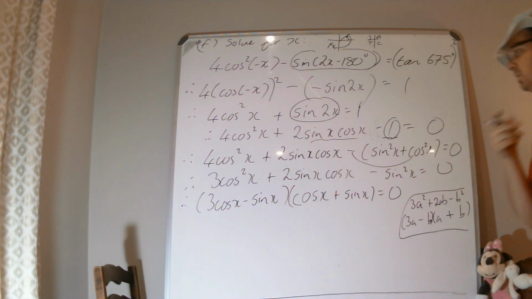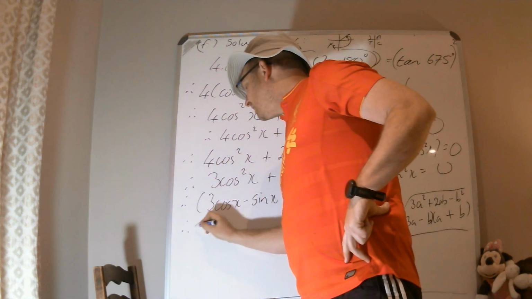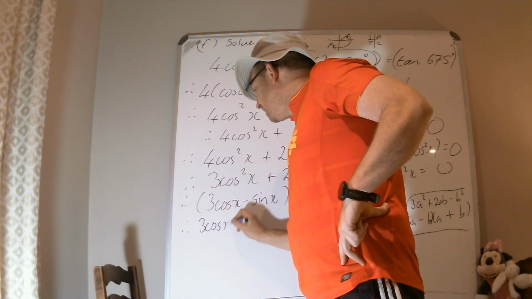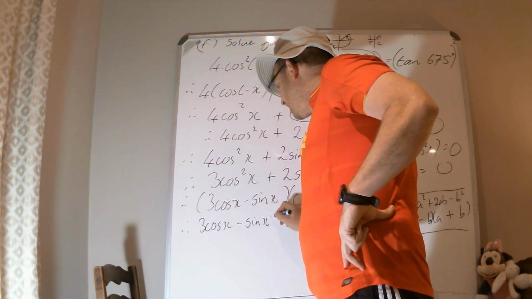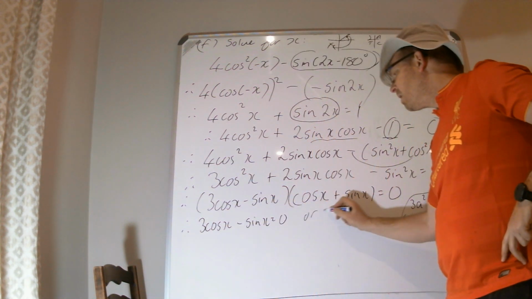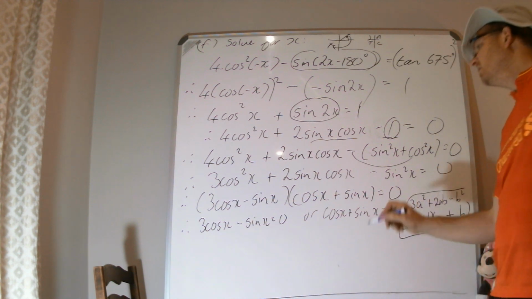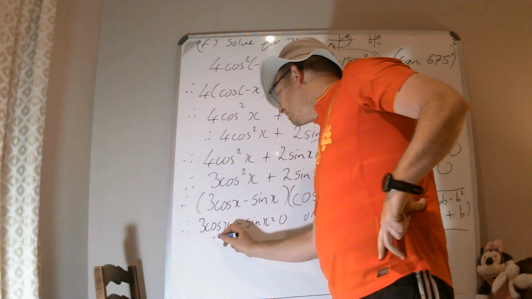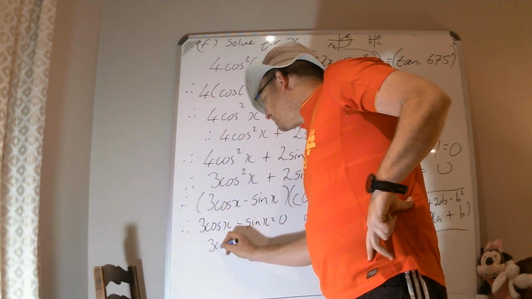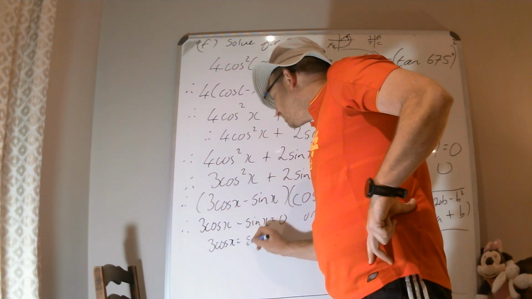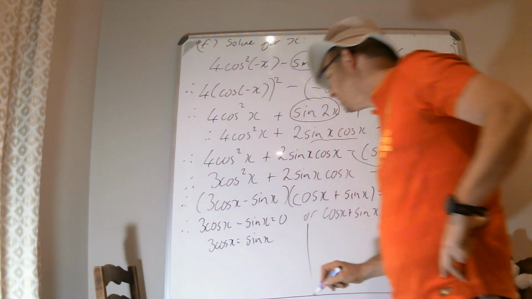So you've got two things times together equal to naught. I can say 3 cos x minus sin x is naught, or cos x plus sin x is equal to naught. So I end up with 3 cos x is equal to sin x over here. Let's solve them separately.